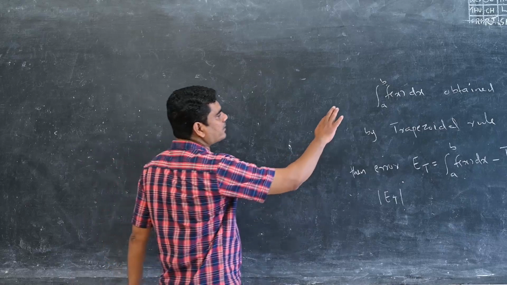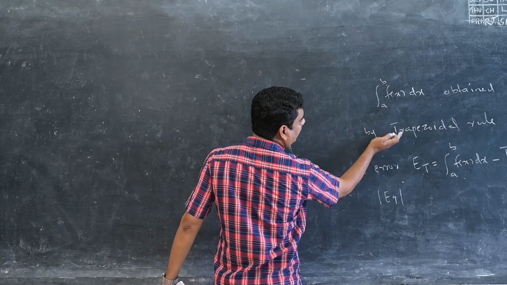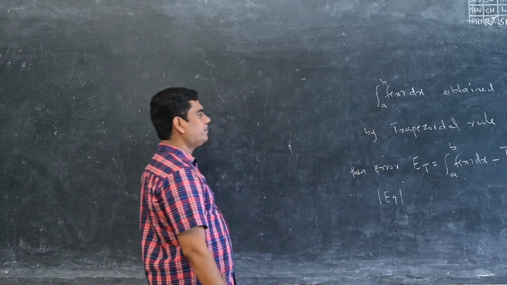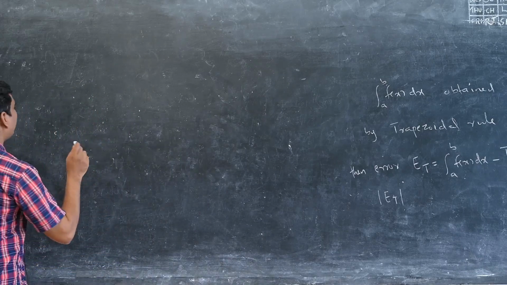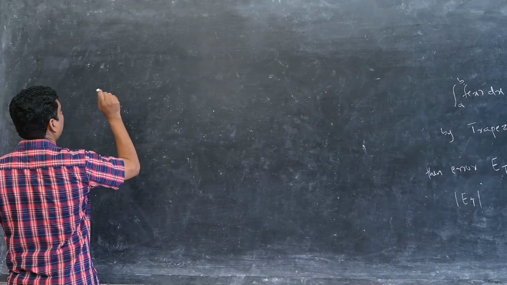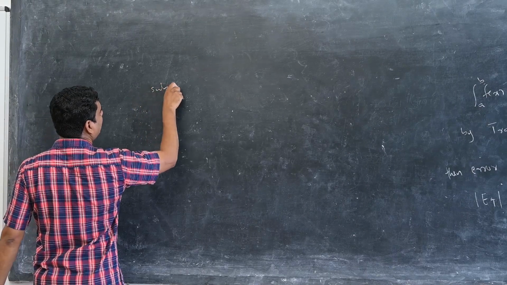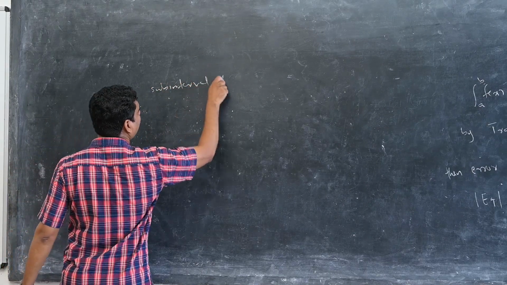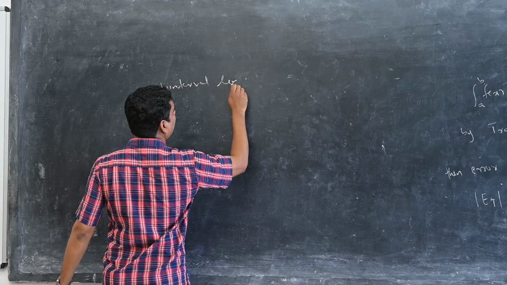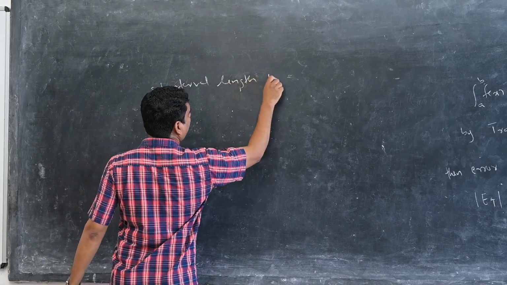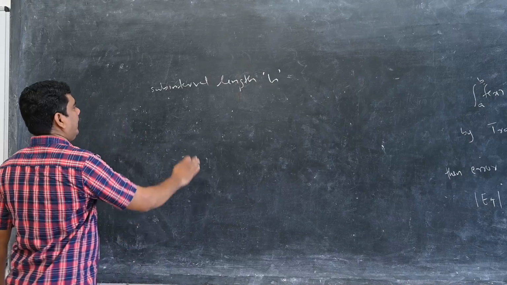Suppose this T is obtained by trapezoidal rule of subinterval length h.